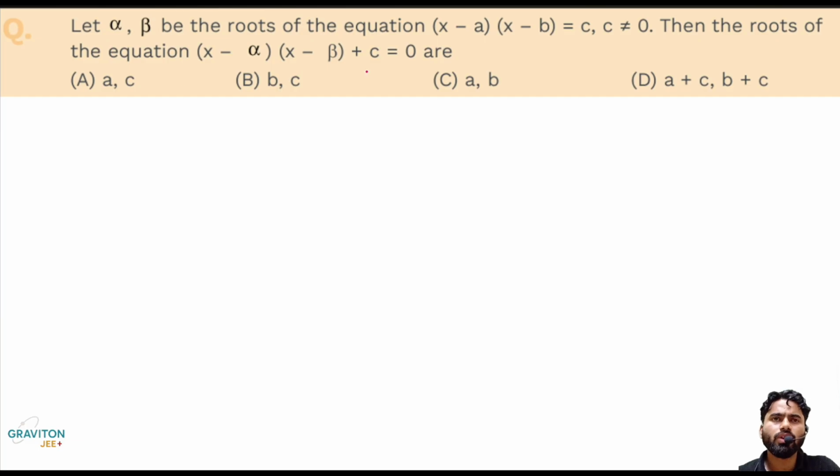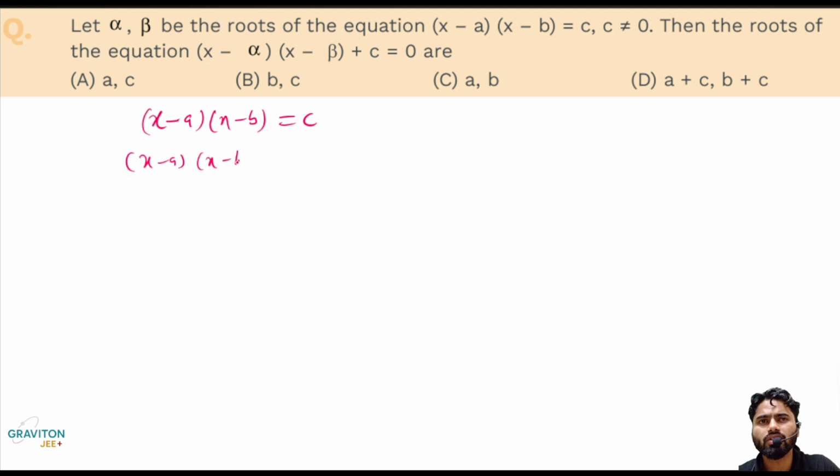So we can do this problem in many ways. First, write here (x minus alpha) into (x minus beta) equal to c. So this equation will be (x minus alpha) into (x minus beta) minus c equal to 0.